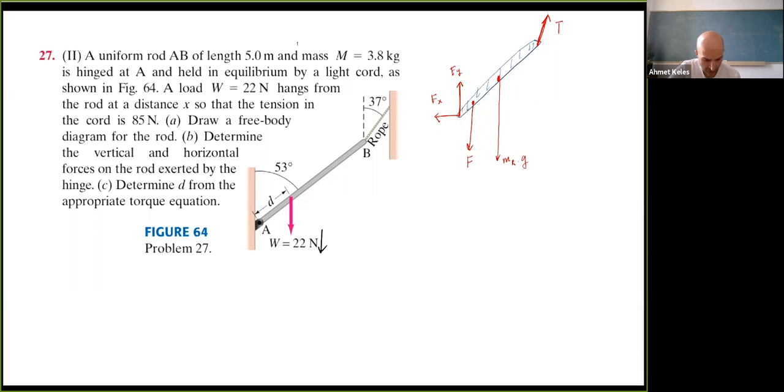So what is F? I don't know. Oh, this F is given, yes. So this F is actually W, and this one is given to be 22 Newton. So we know these.